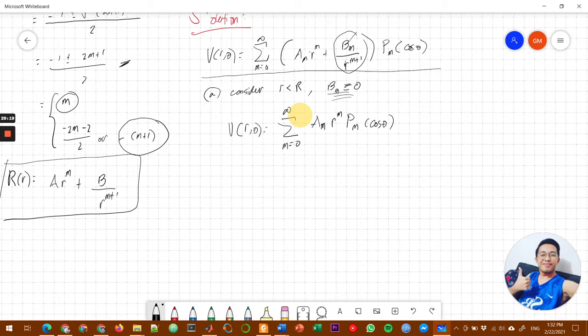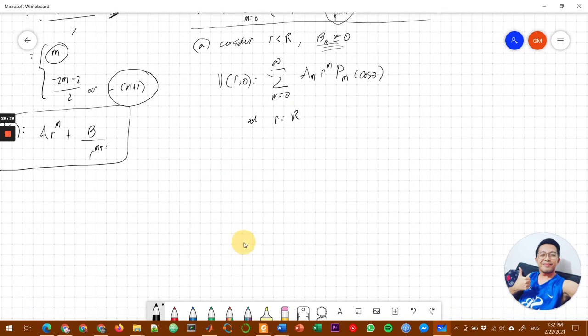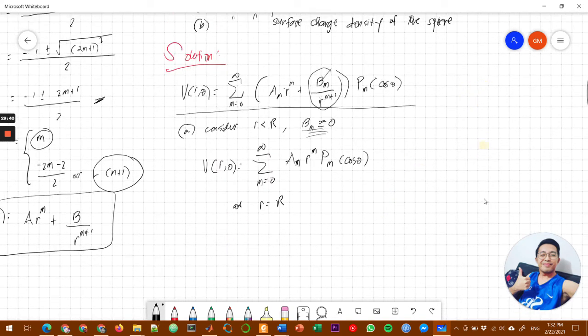Okay. So next is we want to find this constant A sub m. So where can we find that? So we will use the boundary condition at the surface. So let's say at r equals R, okay? Isn't it that at r equals R we already have the potential?